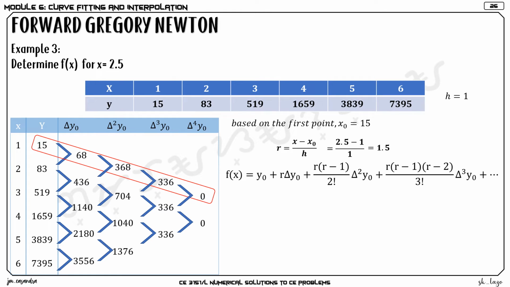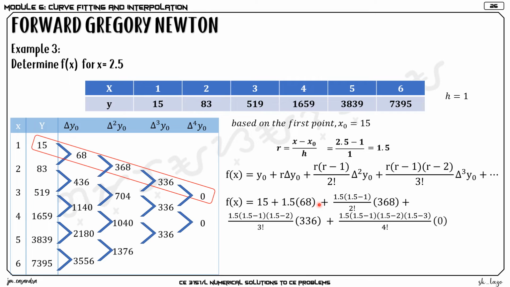So substituting the value of r and the value of our leading forward differences, we can now solve for the function of x as y sub o 15 plus 1.5 times 68 plus 1.5 times 1.5 minus 1 all over 2 factorial times 368 plus 1.5 times 1.5 minus 1 multiplied to 1.5 minus 2 all over 3 factorial times 336 plus 1.5 times 1.5 minus 1 times 1.5 minus 2 times 1.5 minus 3 all over 4 factorial times delta raised to 4 y sub o, which is equal to 0.